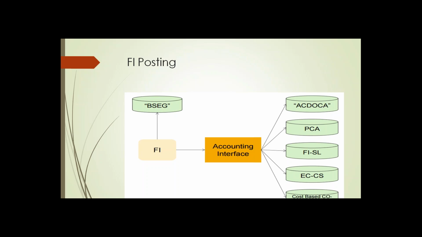Why they are saying this is because account-based COPA has become a lot simpler now. The configuration and the reporting have all become very simple in account-based COPA. So what SAP is suggesting is go for account-based COPA even if you are using costing-based COPA as a parallel option.